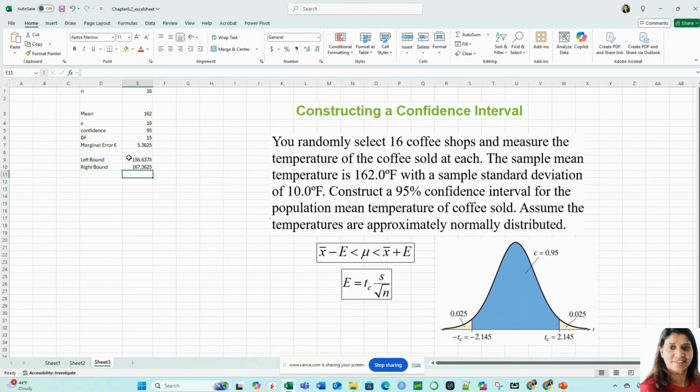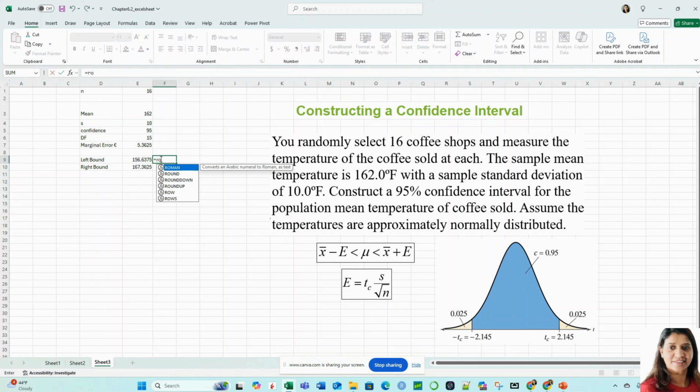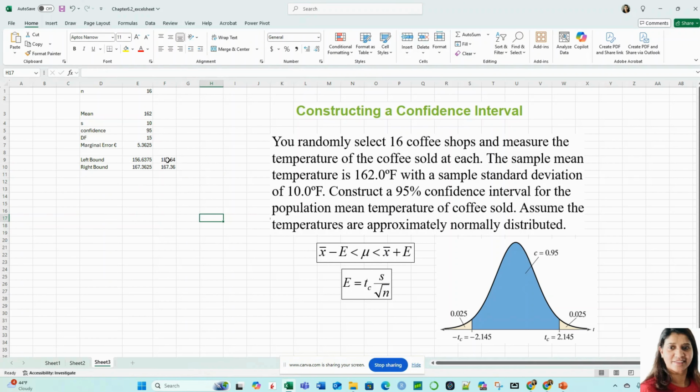If you want the bounds to 2 decimals, we can use the round function, this value, comma 2, and the same for the other. Then we found the left bound and right bound. That means our confidence interval is 156.64 comma 167.36. This is our confidence interval for the mean of the sample.